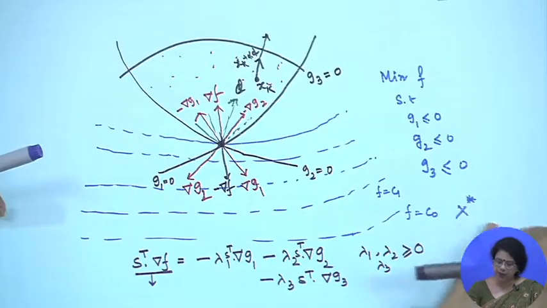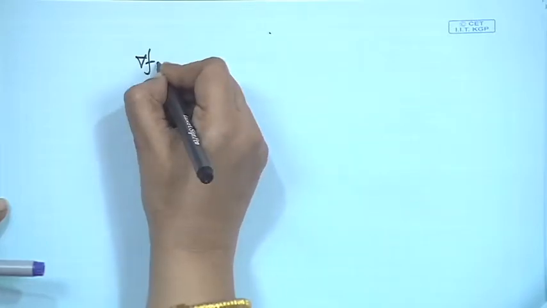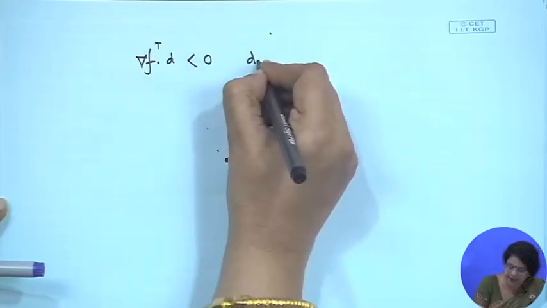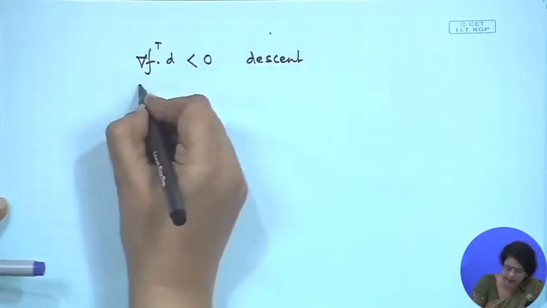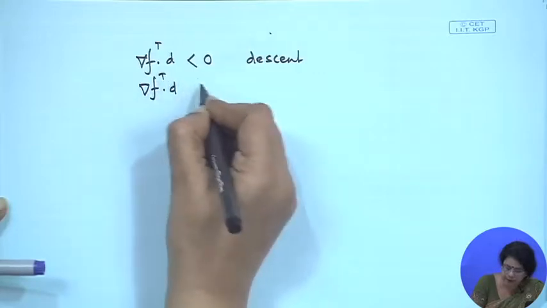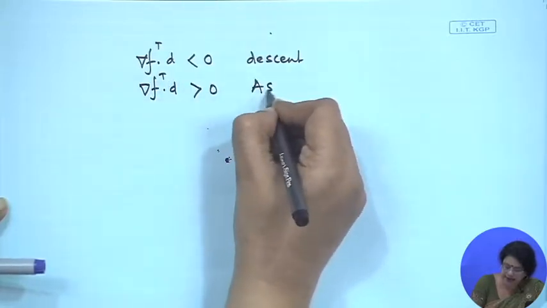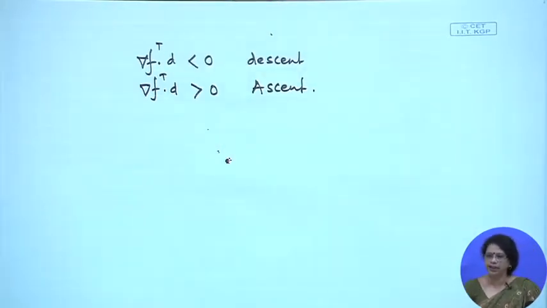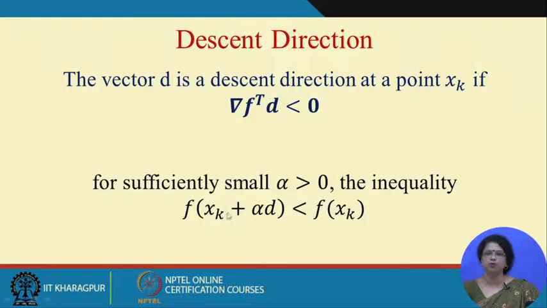We need to understand that grad f dot d less than 0 is the descent direction. Similarly, grad f dot d greater than 0 is the ascent direction. We need to remember these two things together. If we move further in the descent direction, the functional value will decrease further and further.